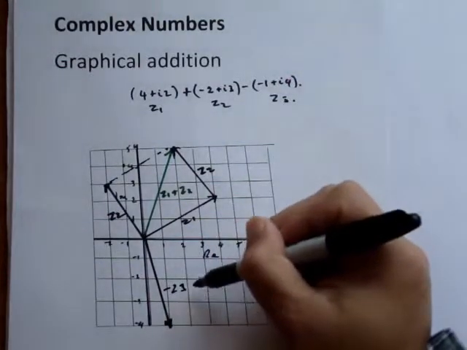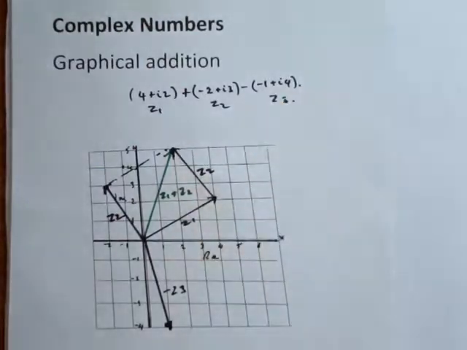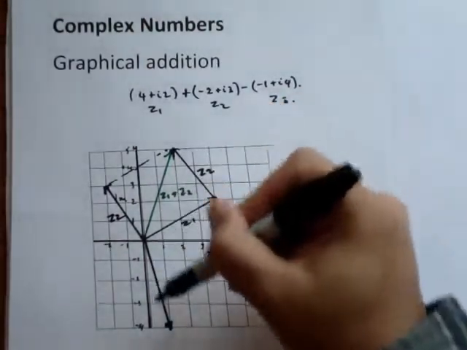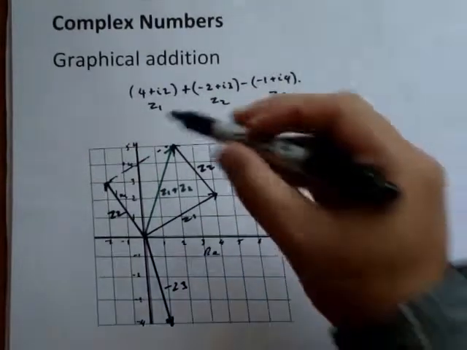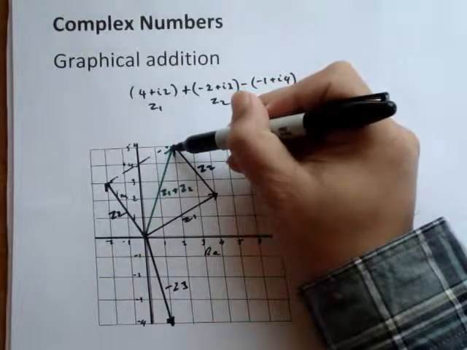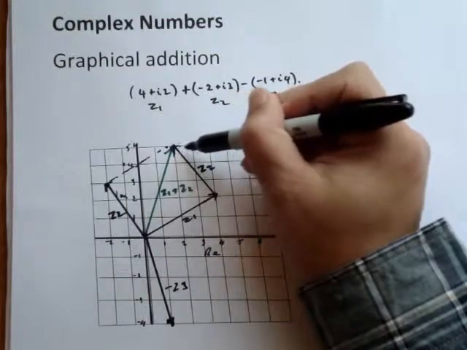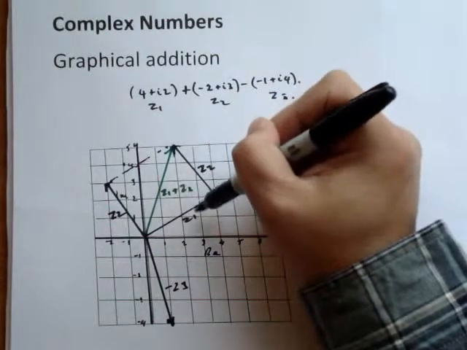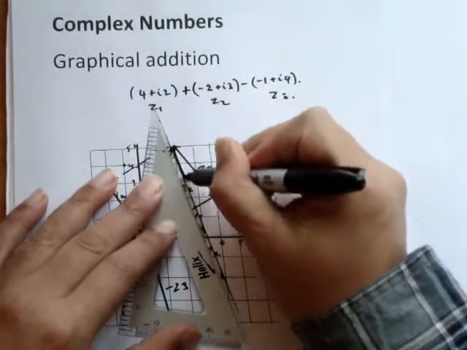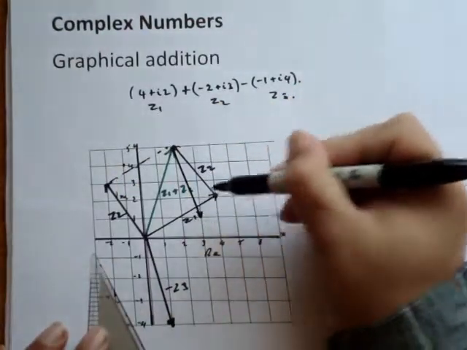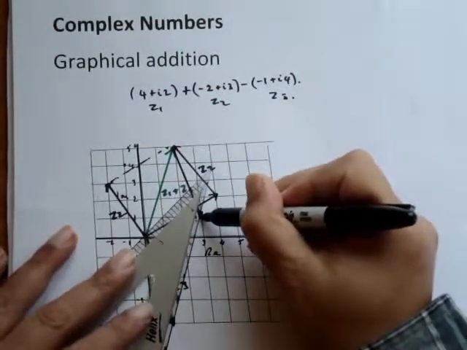So we move the minus Z3 from our Z1 plus Z2. I'm at the wrong point here. So we need to move the minus Z3 to the end of this vector. So this would be 1 across and 4 down, 1, 2, 3, 4 to here, and this would form the side of our parallelogram.